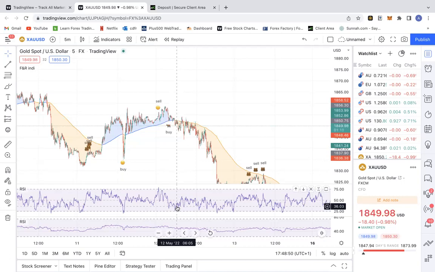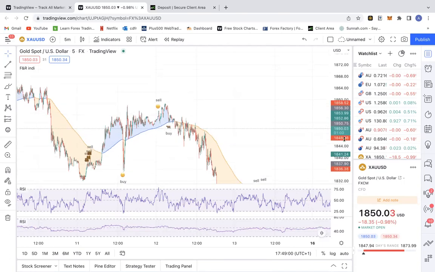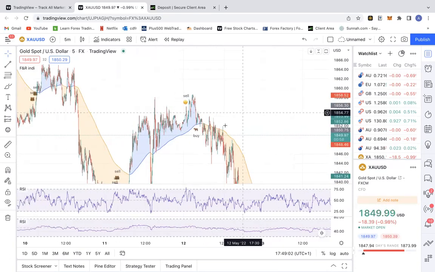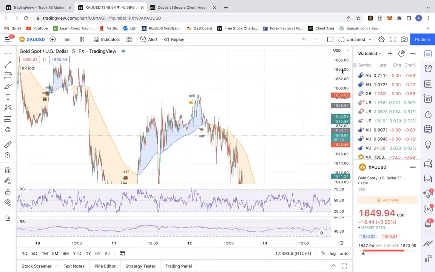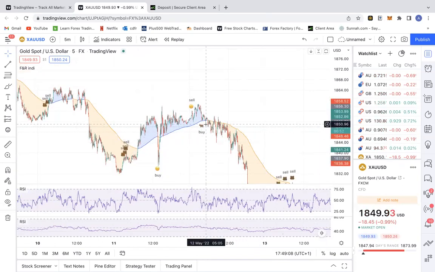The RSI 14 is where we want it to be, and the RSI 40 is just below the 50 mark there. But for our entry, you can see the candles aren't moving as quickly upwards. That's usually a good sign. If it's not moving very quickly upwards, the chances are it's probably going to move downwards, if that makes sense.